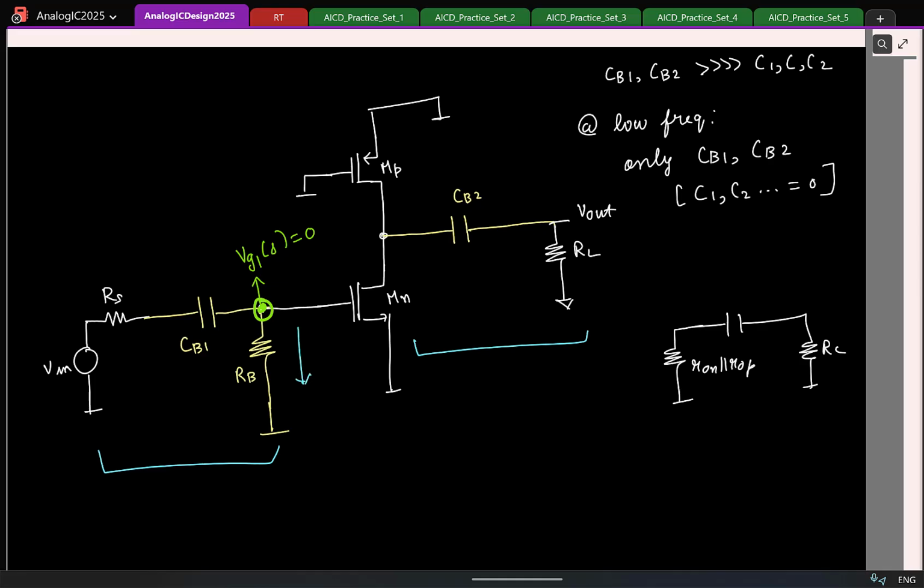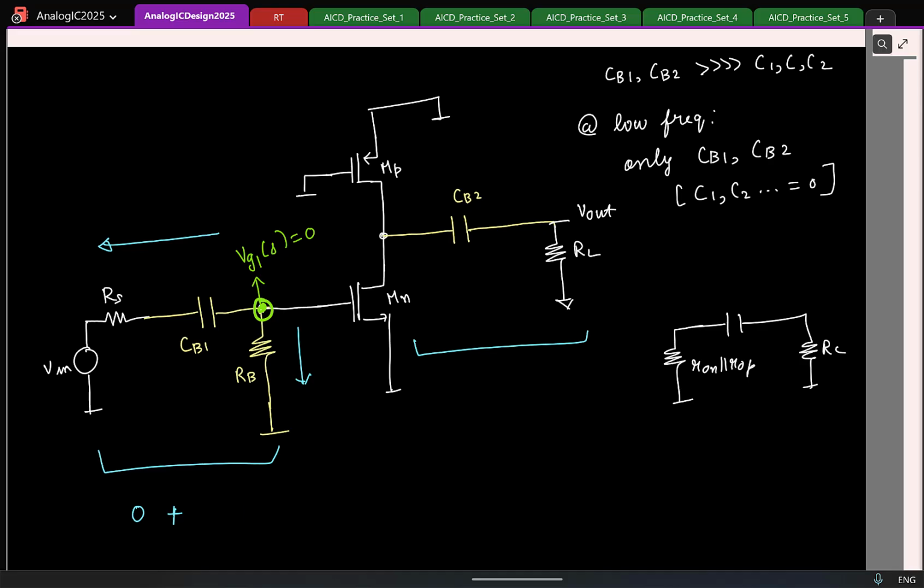What is the current here? What is the current here? 0? Confident? This is 0, current is 0. What about the current flowing in this branch? I mean in this direction. So basically I'm writing KCL, sum of the currents leaving the node is 0, the current flowing down is 0 plus what is this?